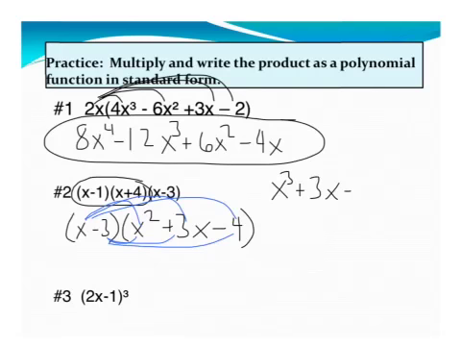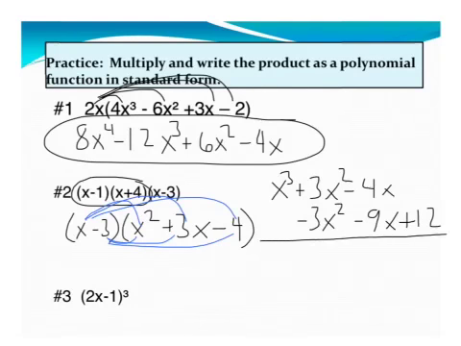And x times negative 4 gives me negative 4x. Now for the negative 3, I get negative 3x squared. And I'm going to put that underneath the x squared here. So I'm basically putting all my like terms, organizing it nicely. Negative 3 times 3x gives me negative 9x, and negative 3 times negative 4 gives me positive 12.